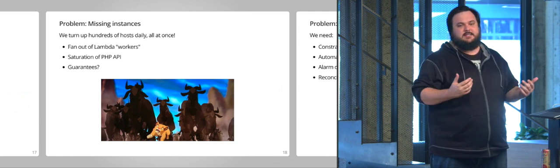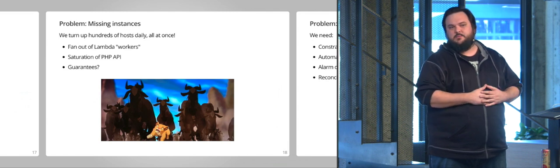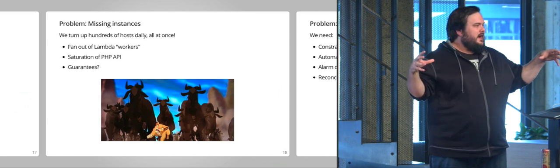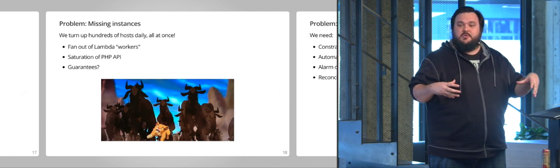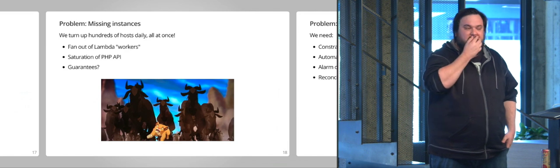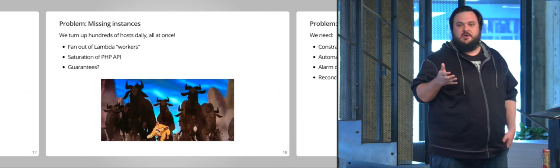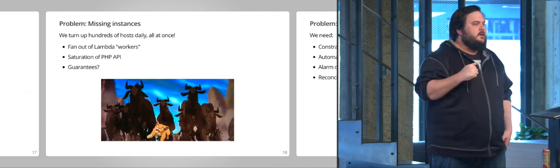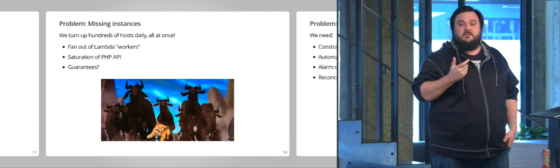And Lambda, because it's elastic and fantastic, would just fan out and overwhelm the API with all these requests. Now the API was PHP, not my tech choice, but single-threaded, synchronous, so it couldn't handle all this load.